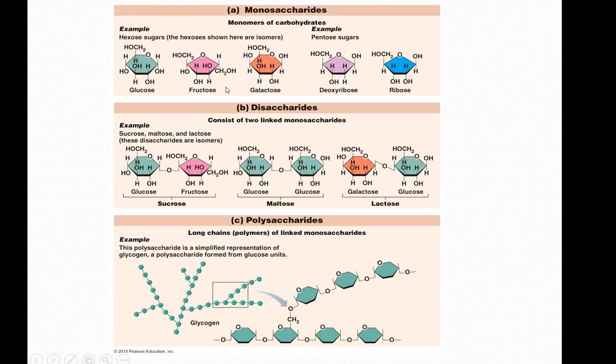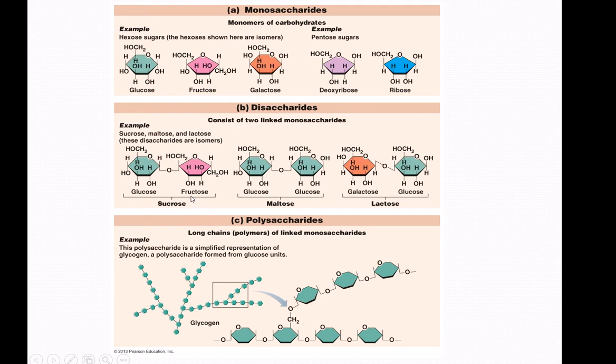These 3 here, galactose, fructose, and glucose, are called hexose sugars because they contain 6 carbon atoms. Deoxyribose and ribose, which are structural components of DNA and RNA, are what we call pentose sugars because they have 5 carbon atoms.